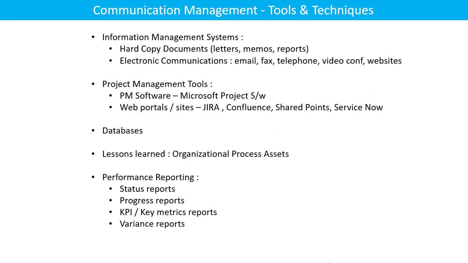If there are any issues or challenges, what those challenges are and what measures we are taking to overcome them, everything is in detail in the form of reports which can be seen by higher management, by each and every stakeholder, by sponsors. So performance reporting is very much in use.